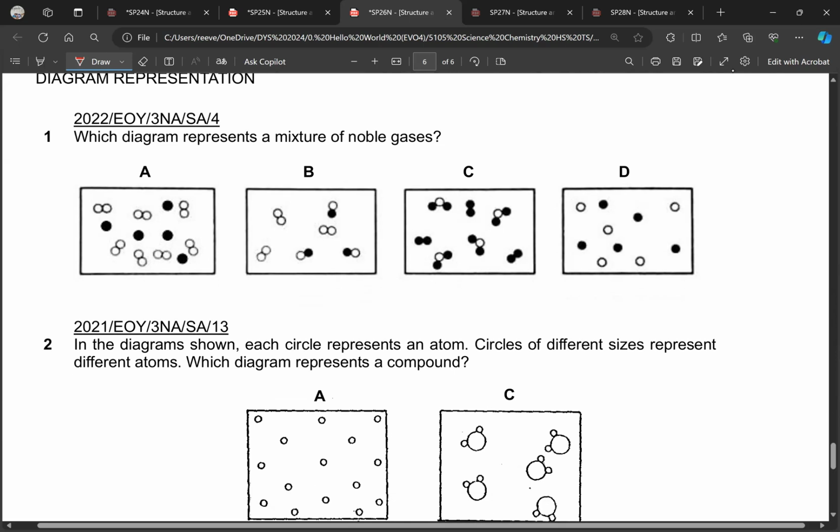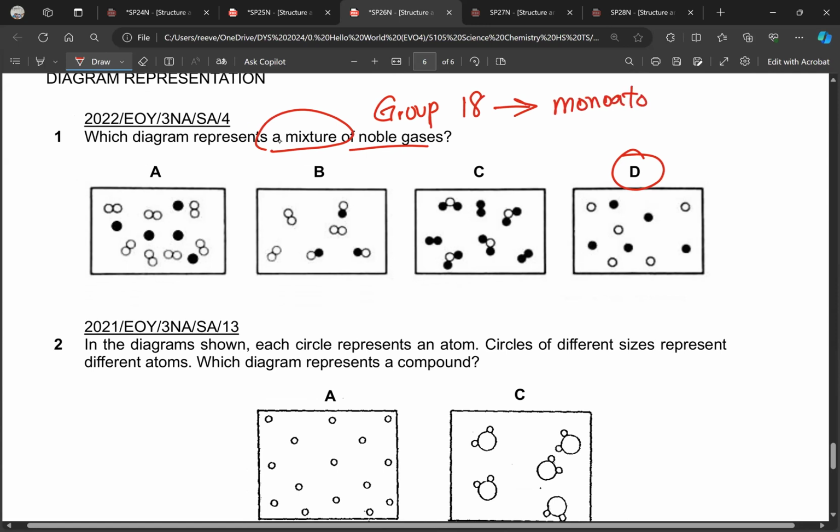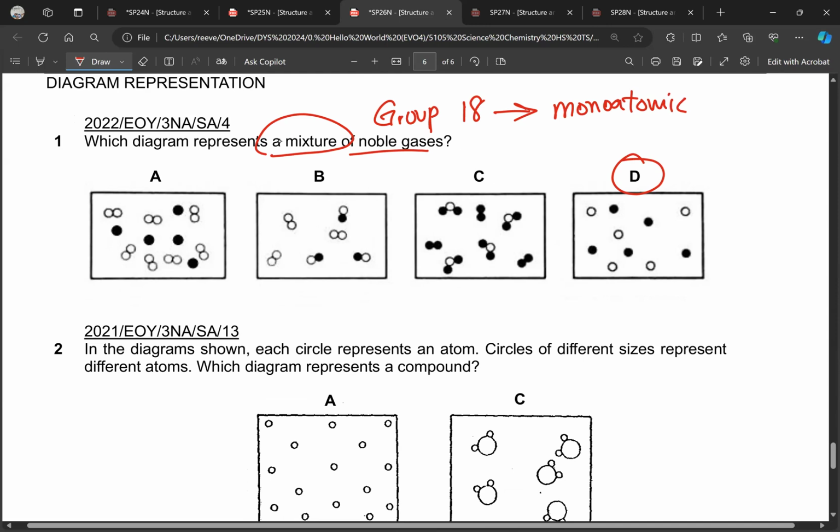Which diagram represents a mixture of noble gases? Maybe you haven't learned what noble gases are. Never mind, I'll tell you. Answer is D. Noble gases are group 18, and group 18 are monoatomic. That means they are not diatomic. This is diatomic.